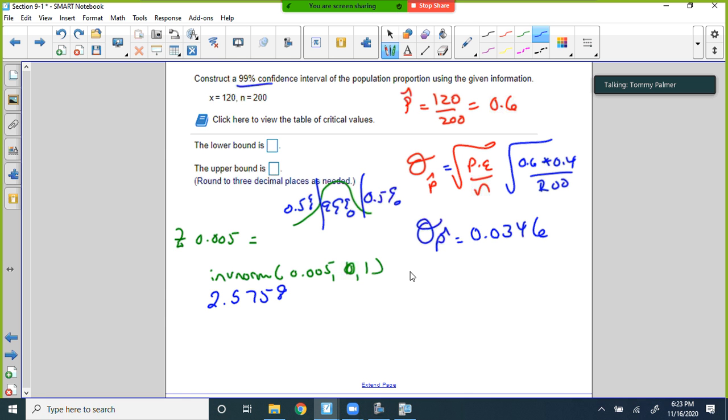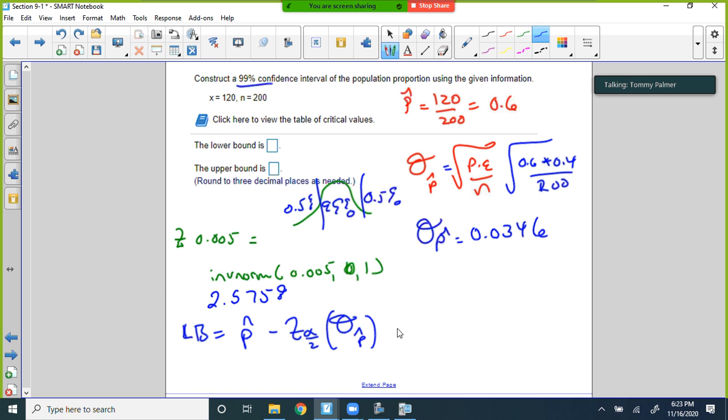I'd write that down, because that way I wouldn't have to calculate it anymore. So if we look at the lower bound, that's P hat minus Z alpha over 2 times the standard deviation of P hat.